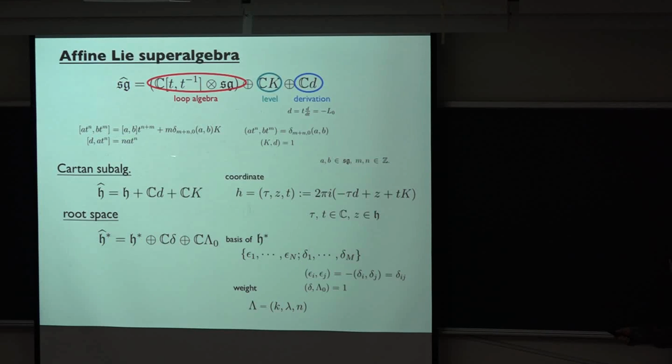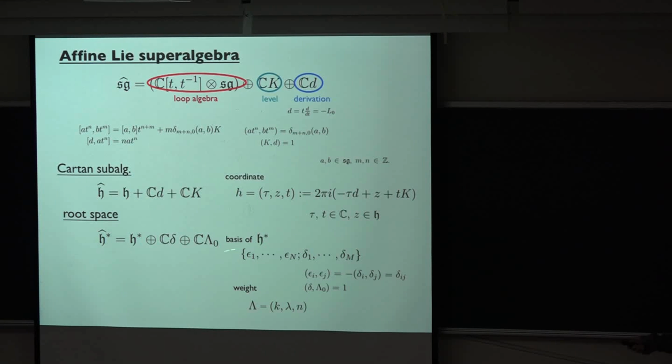The commutator and the bilinear form are like this, where A and B are just superalgebra values, and m and n are just integers, and we can take the Cartan as this form. H is the Cartan of the finite Lie superalgebra, and we can pick coordinates on H. We are taking tau as a complex number, and z as a Cartan element of the finite Lie superalgebra.